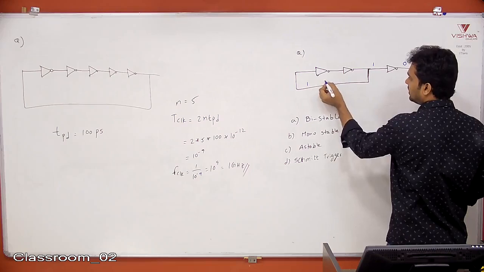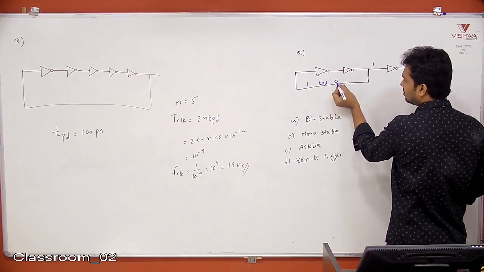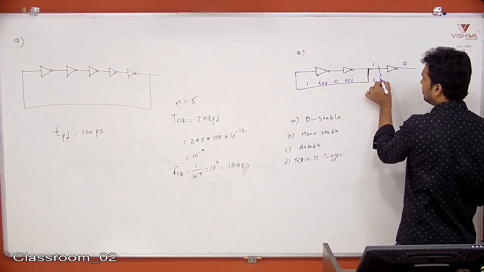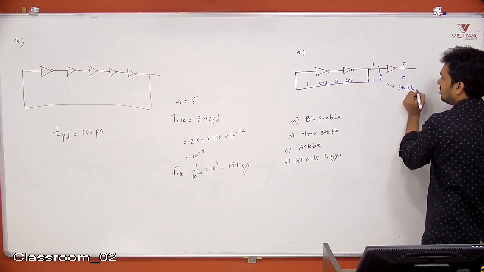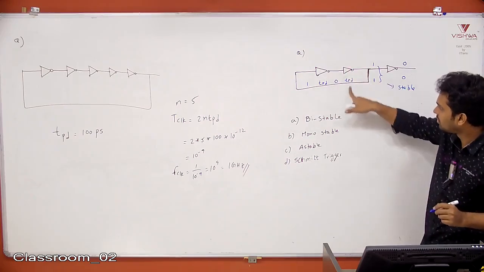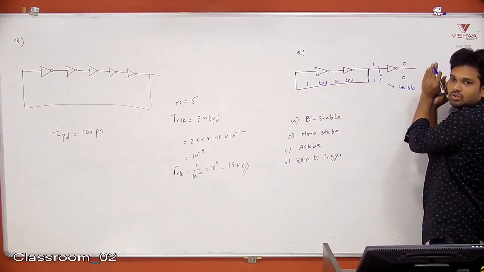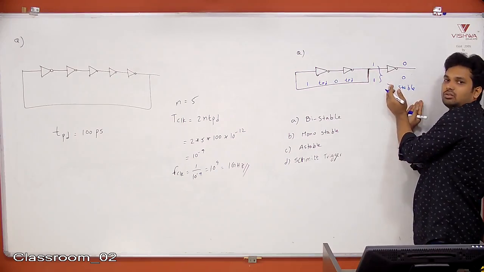After some TPD, you will get 0. After another TPD, what will you get? 1. Or you can say 0. Is this part stable or not? Because only this is in the loop. This one is just inversion of the output. If this part is constant, my output is constant or not.